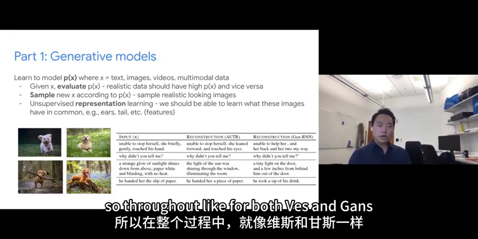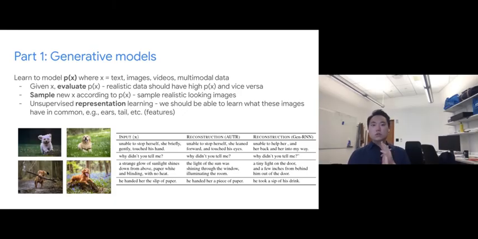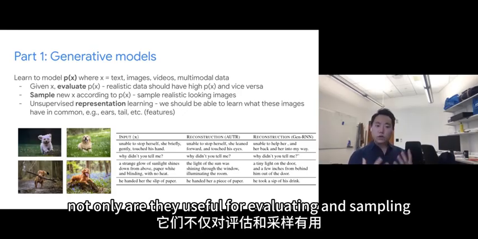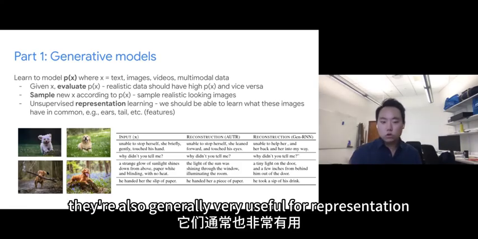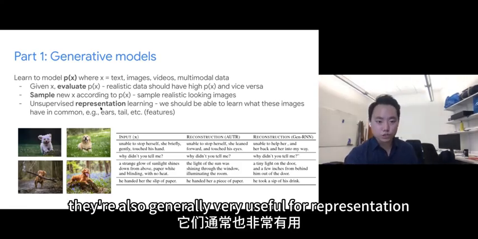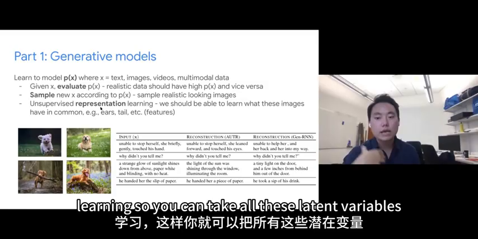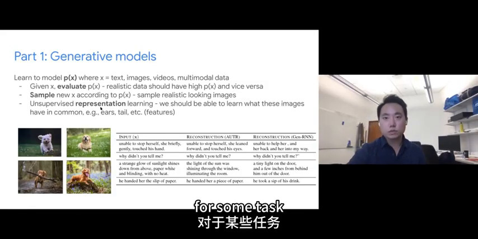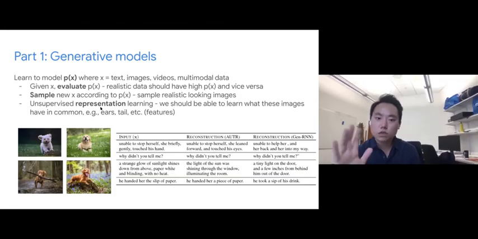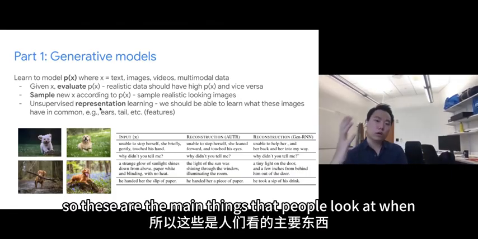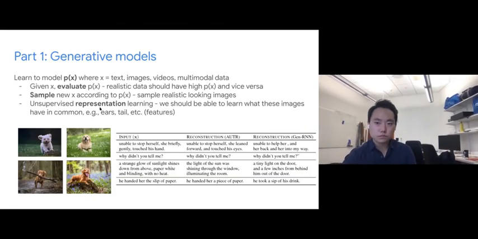So for both VAEs and GANs, not only are they useful for evaluating and sampling new data points, they're also generally very useful for representation learning. So you can take all these latent variables and eventually use them for some task. So these are the main things that people look at when we talk about generative models.